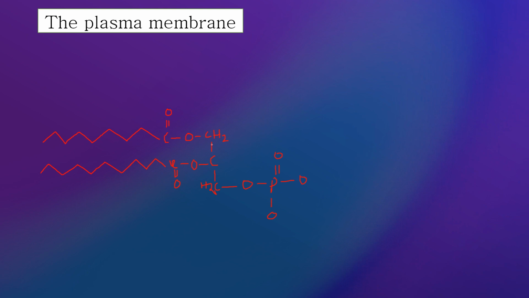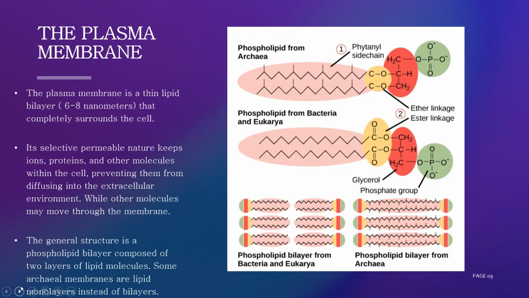Then see why I draw it here, you will understand. Because of this, the plasma membrane. The plasma membrane is a thin lipid bilayer, 6 to 8 nanometers, not more than that, that completely surrounds the cell, not halfway or partially.